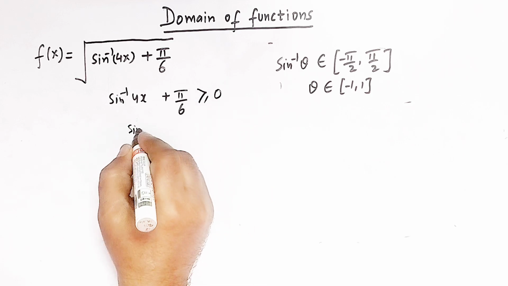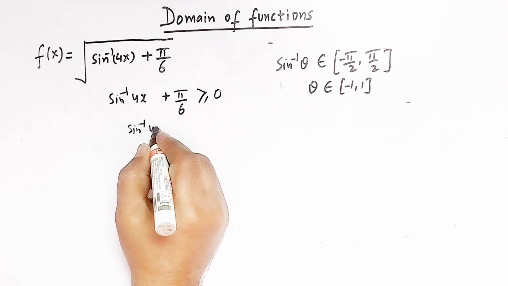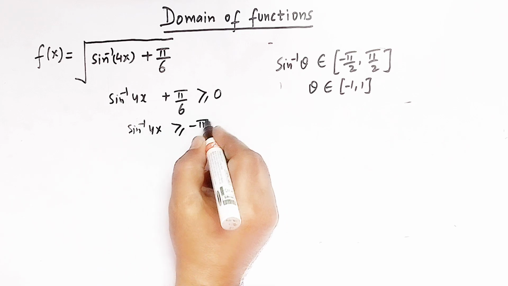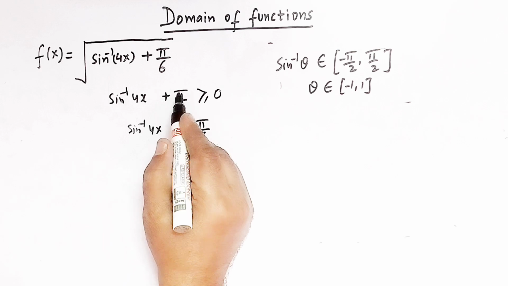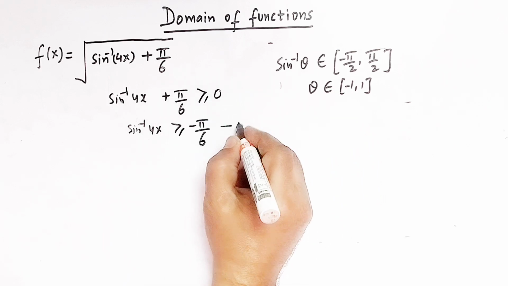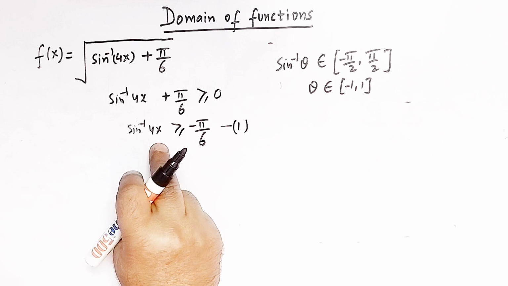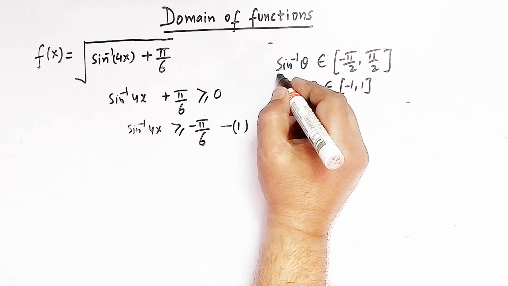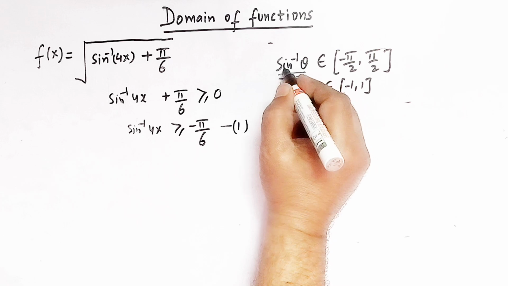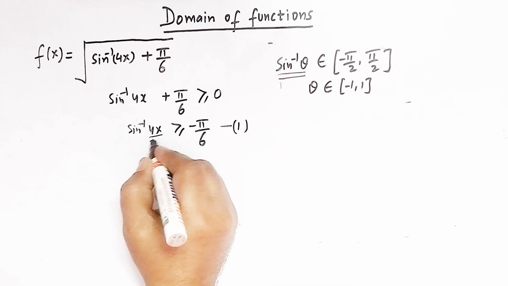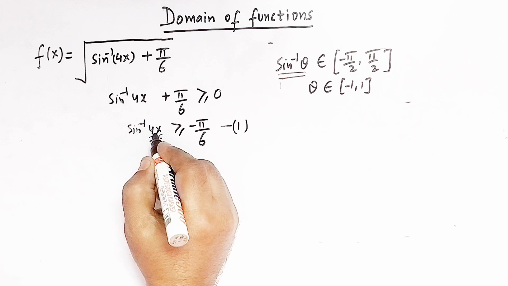So from here we can now write sine inverse 4x is greater than or equal to minus pi by 6, taking pi by 6 to the right hand side. So here we have this inequality, right? Now let us come to the range of the sine inverse theta function. Here we have sine inverse 4x.